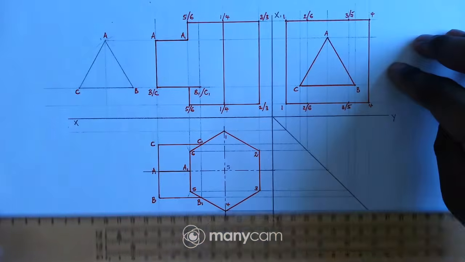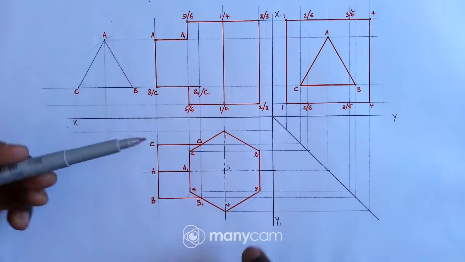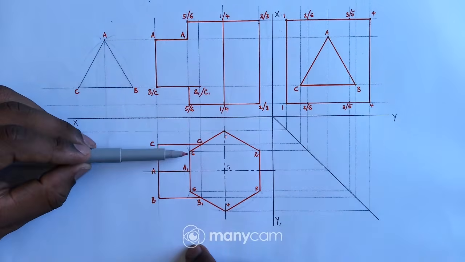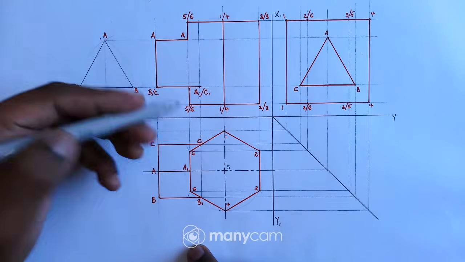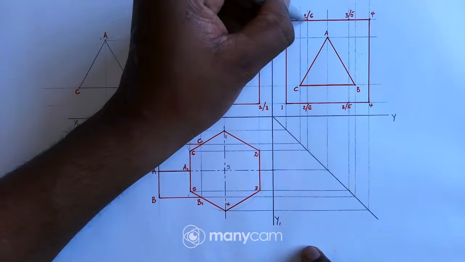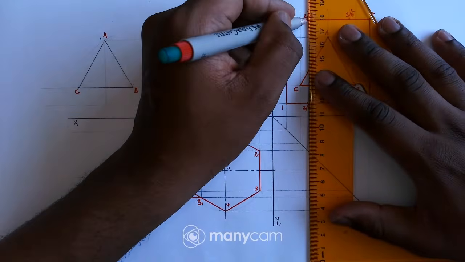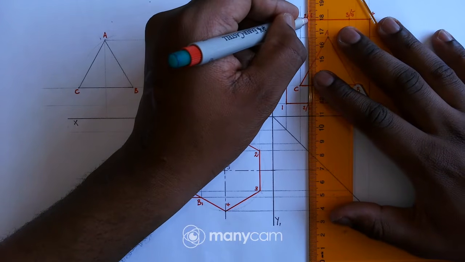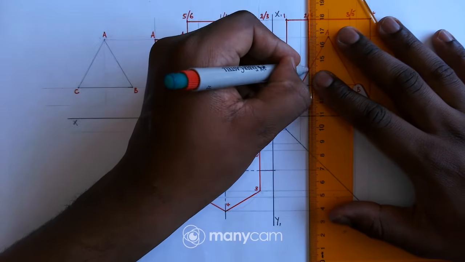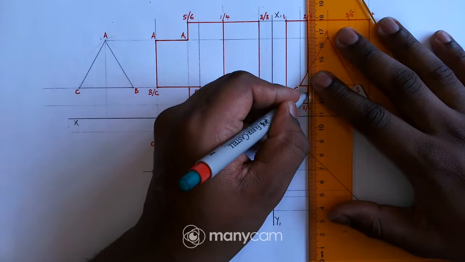Okay, so now I'm left with line 6 6, right? So obviously that line starts from there up to there. So I'll just draw that line, that edge from that point up there up to here, and then even down there.